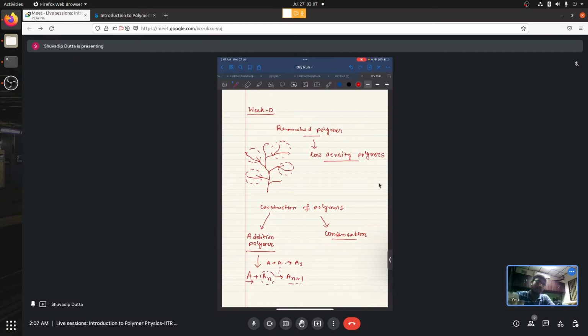On the contrary, the condensation polymer is slightly different, because here you will see, say M_X is a polymer which has X monomers, M_Y is another polymer which has Y monomers, and they will join together, they will react and form M_(X+Y), which has X plus Y number of monomers.